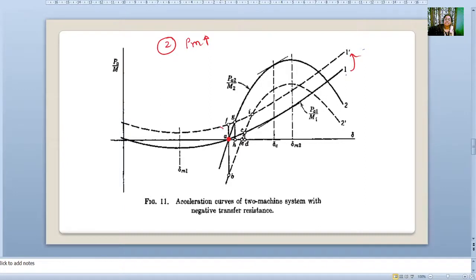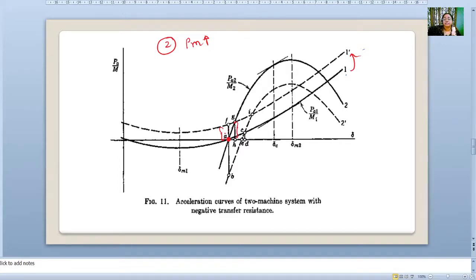Now we have acceleration AF. Because of this acceleration, del increases. Now this 1 dash intersects with 2 and we have next acceleration GH. So this GH is again greater than the initial one.